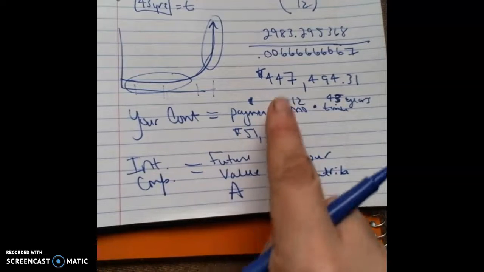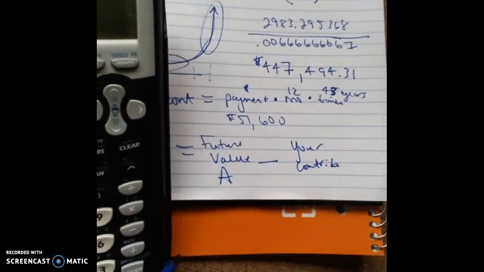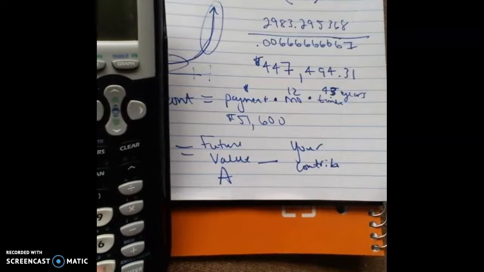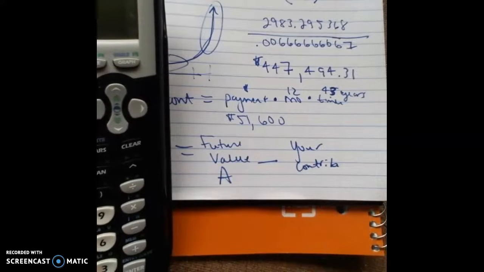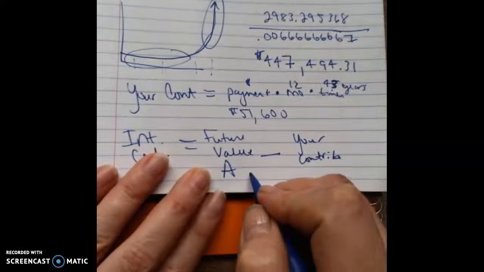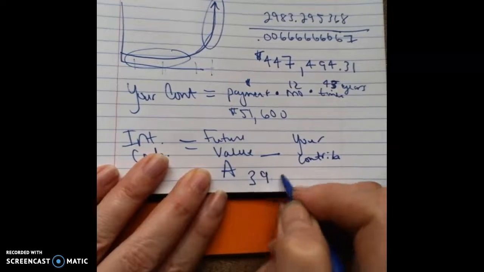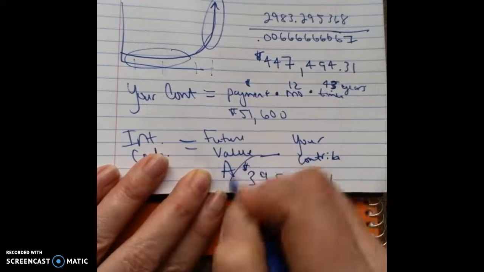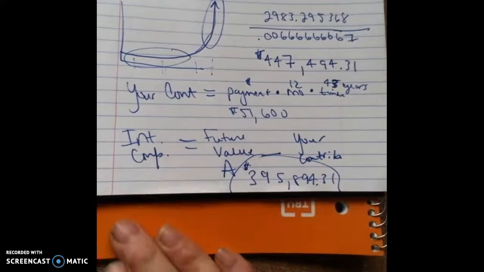You didn't just do a lump sum. So if I take 447,494.31 minus the 51,600 you contributed, everything else, 395,894.31, all of that is interest that you earned. That's money you earned.